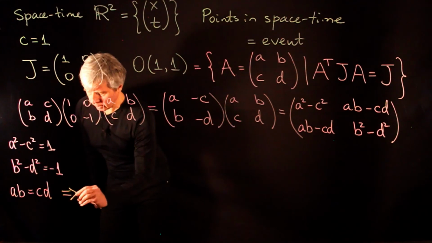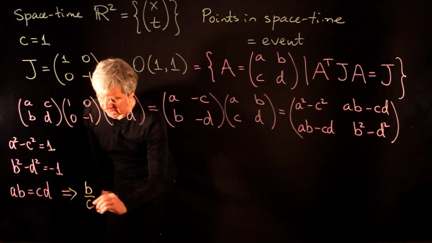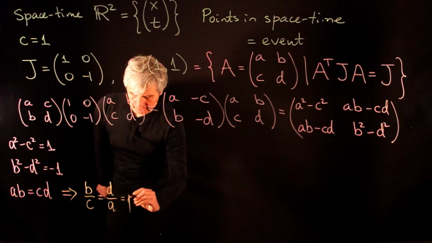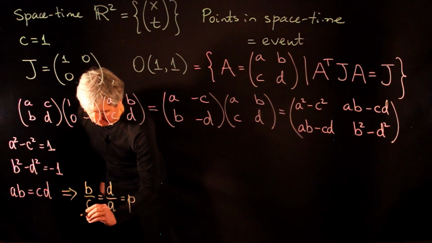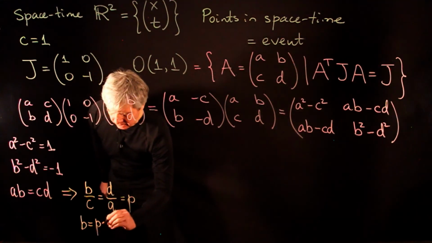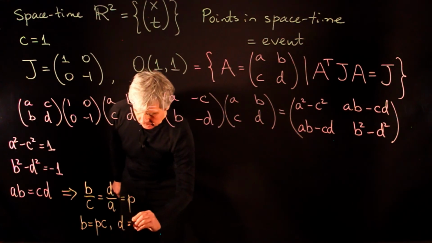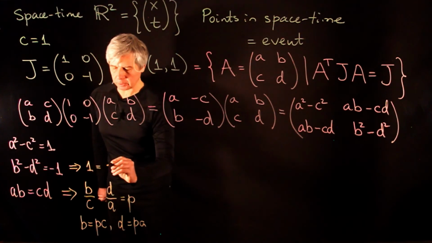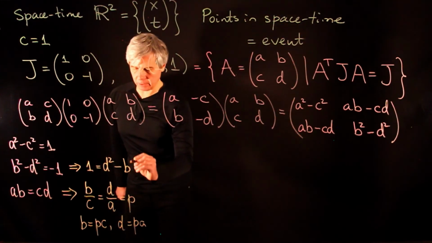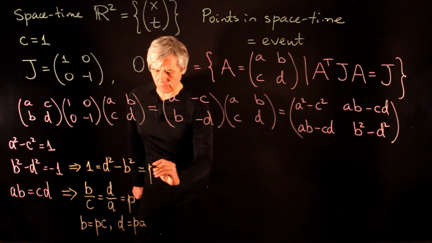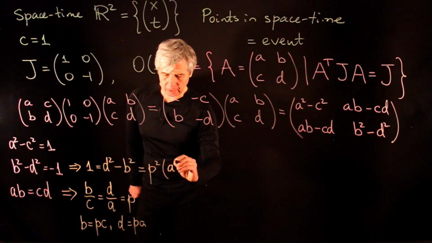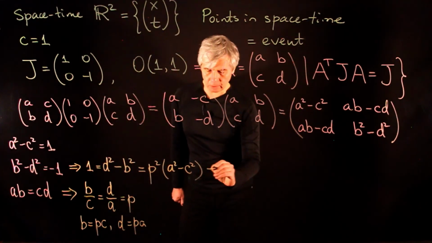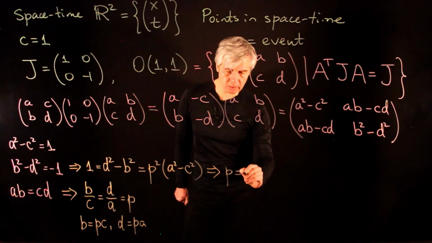The last equation can be written as B over C is equal to D over A. Let us call this quotient P, and then we get that B is equal to P times C, and D is equal to P times A. Then from the second equation, we get that 1 is equal to D squared minus B squared, which is equal to P squared times (A squared minus C squared). And then comparing this with the first equation, we conclude that P must be equal to plus or minus 1.